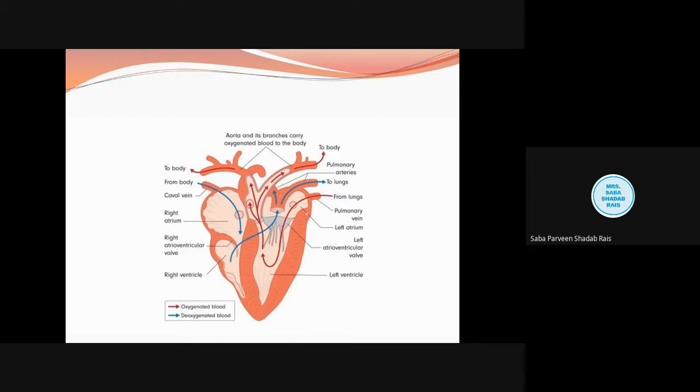Here only one caval vein is shown, but there are three: right, left, and one post. They bring the blood from the various parts of the body.